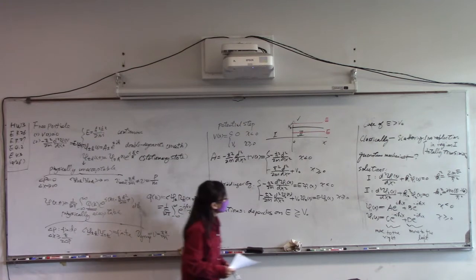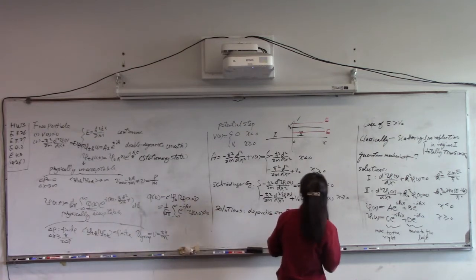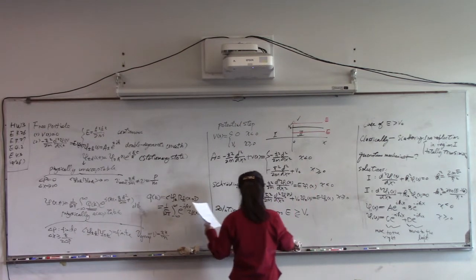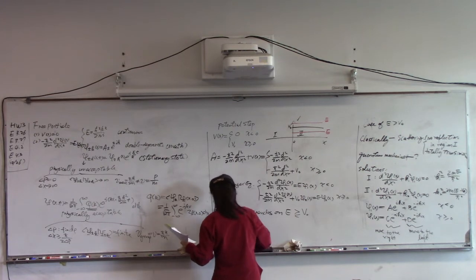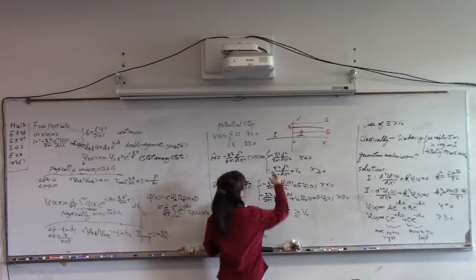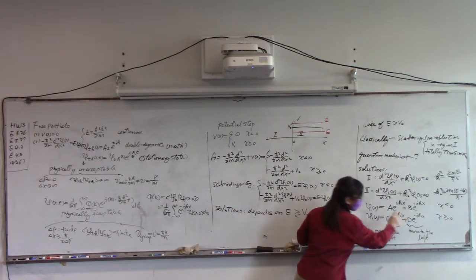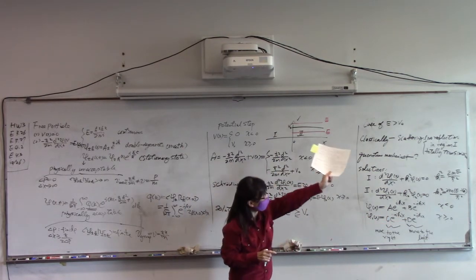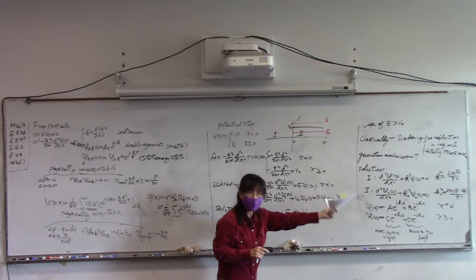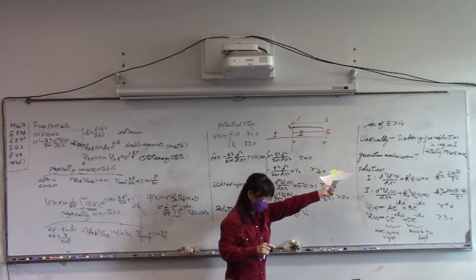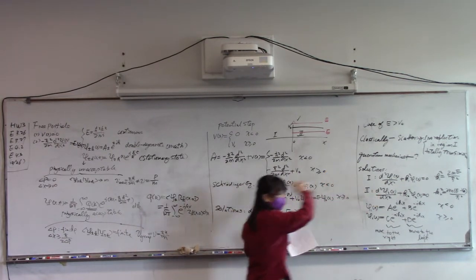So what does that mean? Let me just use this figure. In this region 1, we have a combination of two waves. One propagates to the right, another propagates to the left. One is the incident, another is the reflected, right?